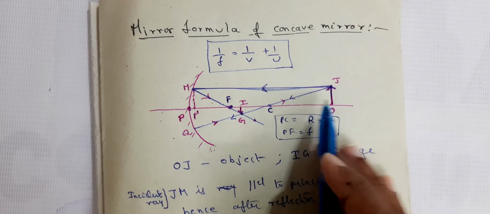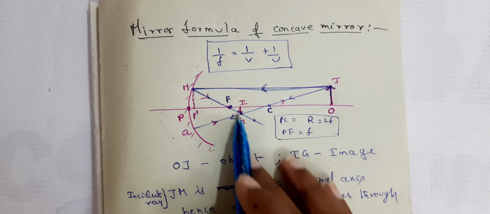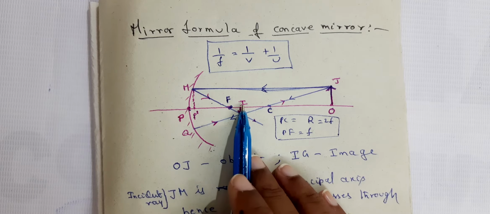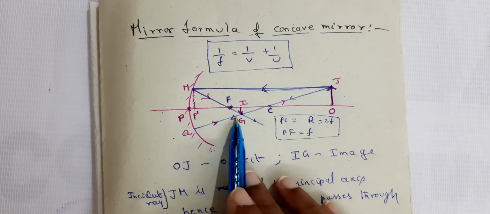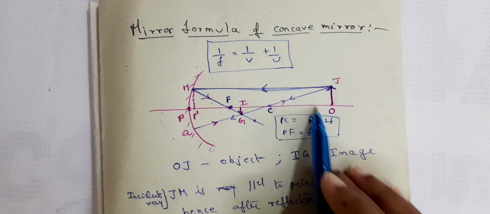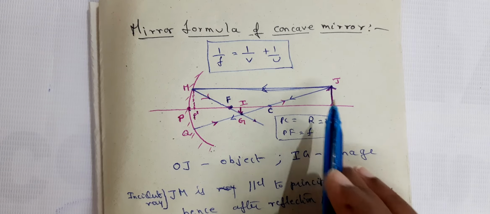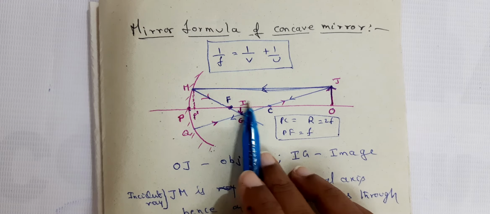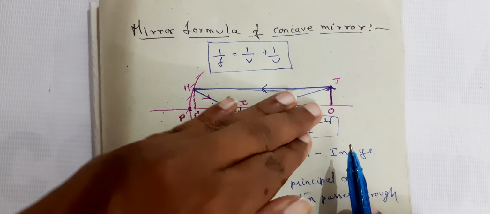Then you will get a smaller, diminished image, and it is real and inverted. This concept should be in your mind. Once you have that concept, we use two rays in order to create the image.